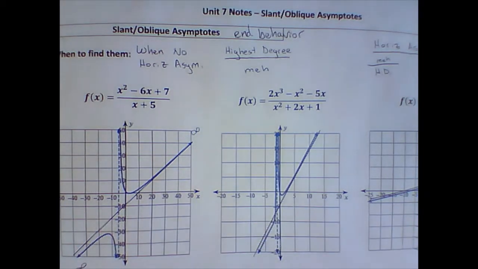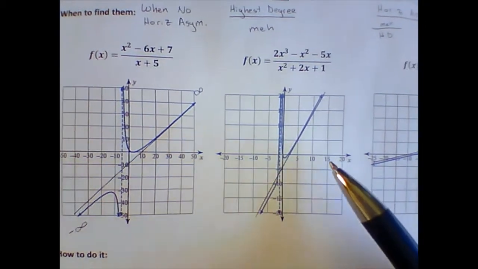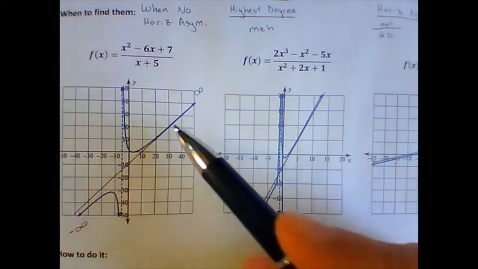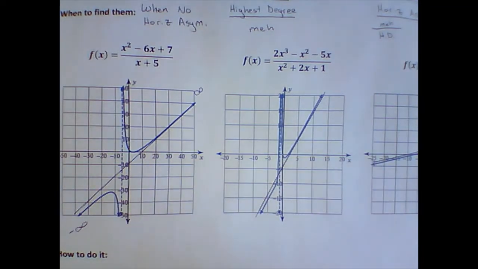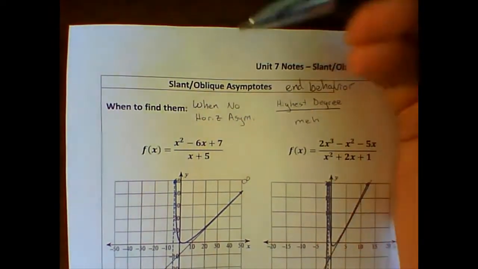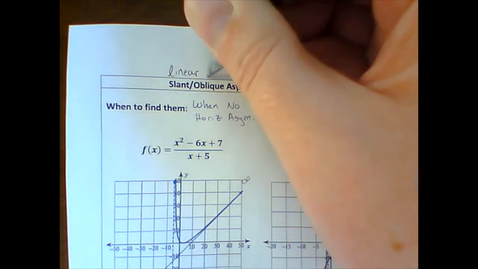Unlike the horizontal asymptote, these are all slanting, and that's not a number. That is, in fact, an equation. It's not a number like 0, 2, 1/2. It's an equation, and for the ones we're going to be working with, it's a linear equation.